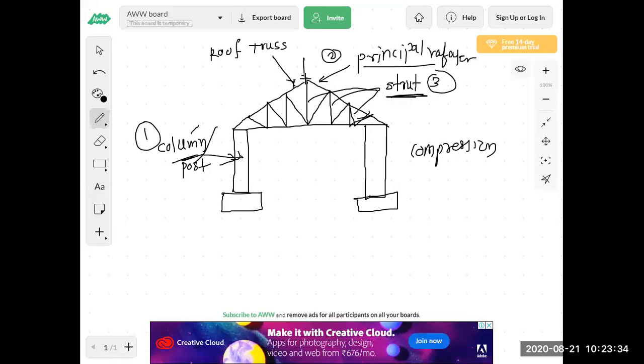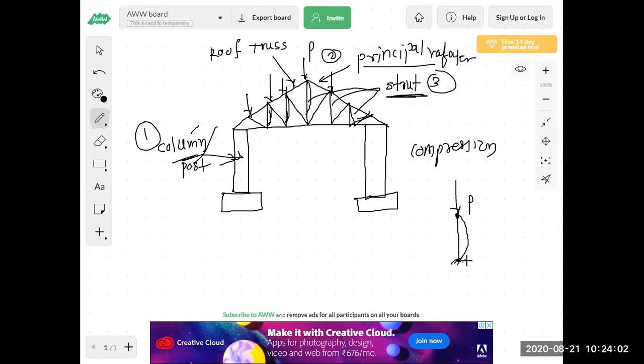The load is coming on the joint like this. If the load comes like this, the buckling will happen like this in the vertical member. These vertical members buckle due to this force. If the load comes on this member like this, then this member will buckle like this.